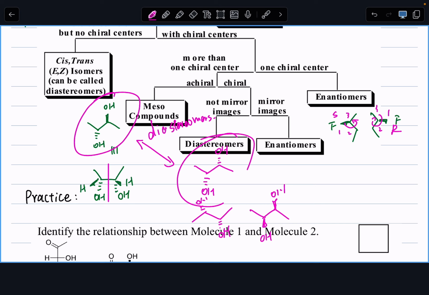So when we look at the 1,2-trans-difluorocyclohexane, the lowest energy one will be out. You have a fluorine, you have a fluorine. So this is the 1,2-trans-difluorocyclohexane.